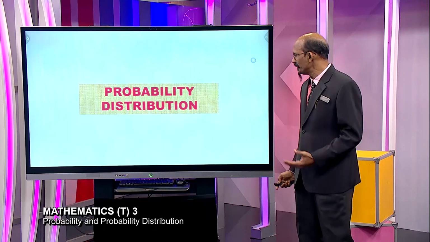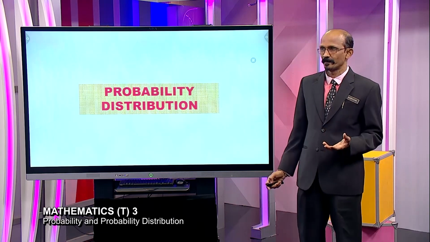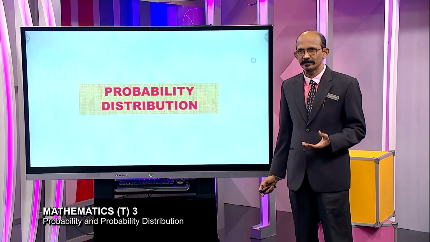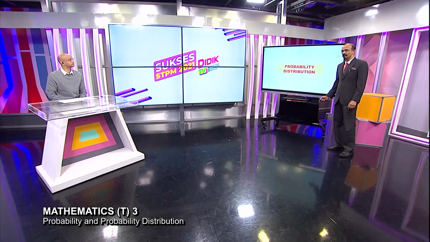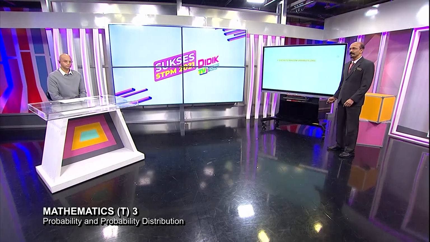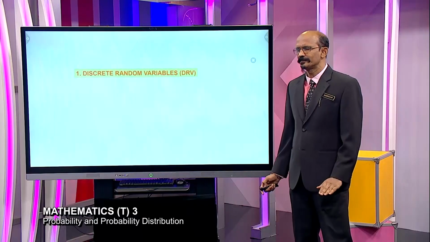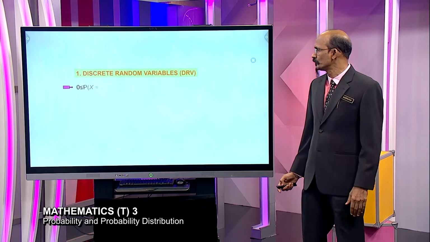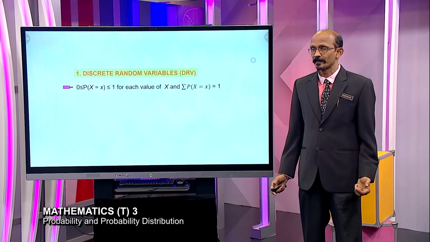Okay, our next chapter is probability distribution. This is the longest chapter in the syllabus, and it will more frequently come out in session B. For this topic, we have 5 different parts. The easiest is the first part, discrete random variable, DRV, which is the very basic. You should be able to use the properties of DRV.